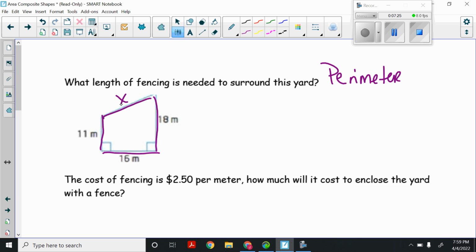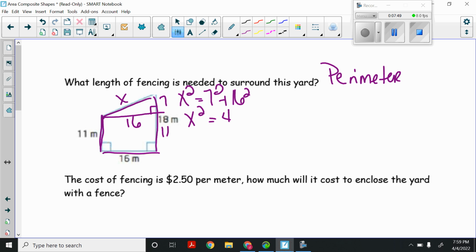I need this side first. I can make a triangle out of that, right? Right triangle. I know this is 16. If this part is 11, the whole thing was 18. So 18 minus 11, that leaves me with 7 up there. So Pythagorean theorem to get my x. So x squared equals 7 squared plus 16 squared.